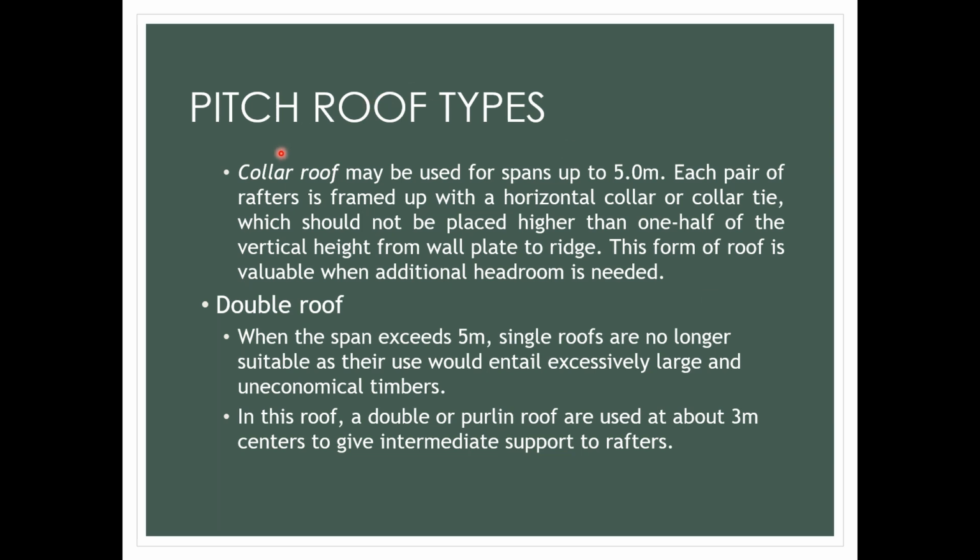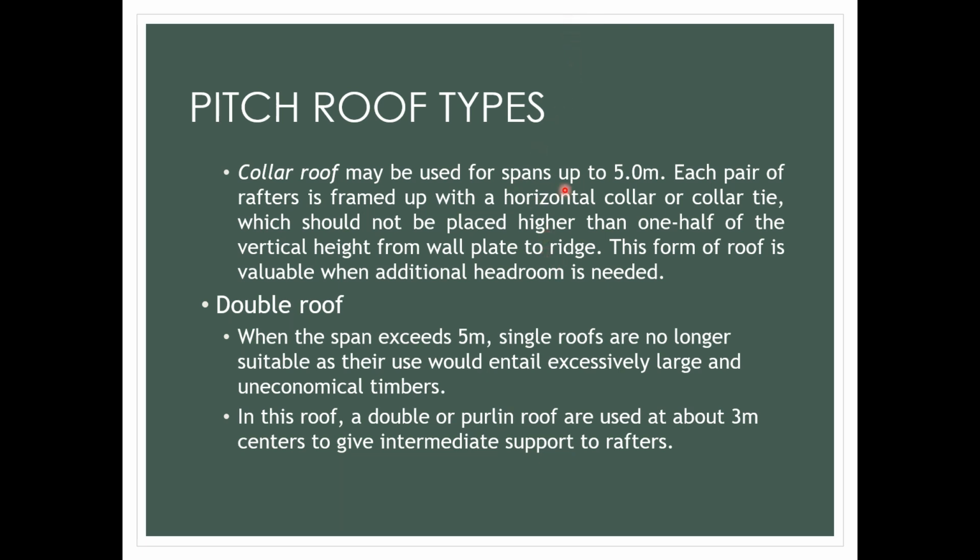And then we have another one, which is collar roof, which may be used for span up to 5 meters. Each pair of rafters is framed up with a horizontal collar, which should be placed higher than one half of the vertical height from wall plates to the ridge. You have to identify from the wall plate to the top of the pitch of the roof, which is the ridge.